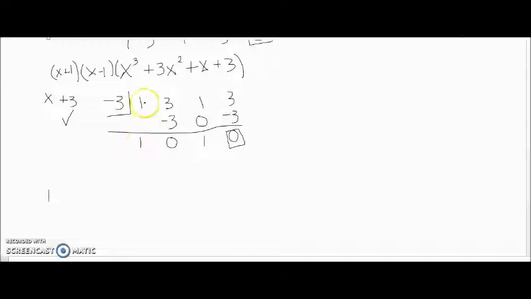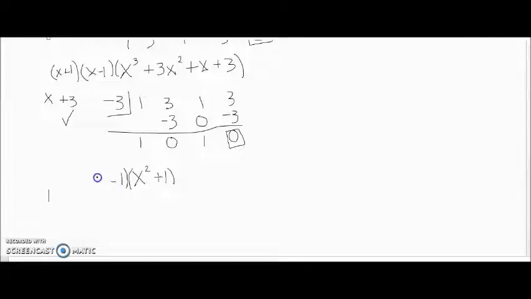So now we're left with, we had an x cubed, now we're left with x squared. There's no x term because this is 0x, and plus 1. But let's not forget we have two factors that we already found.